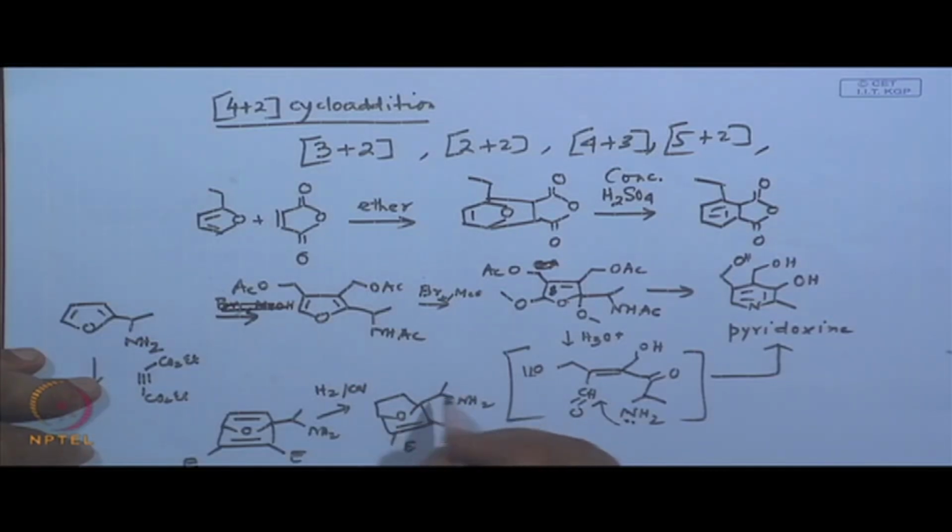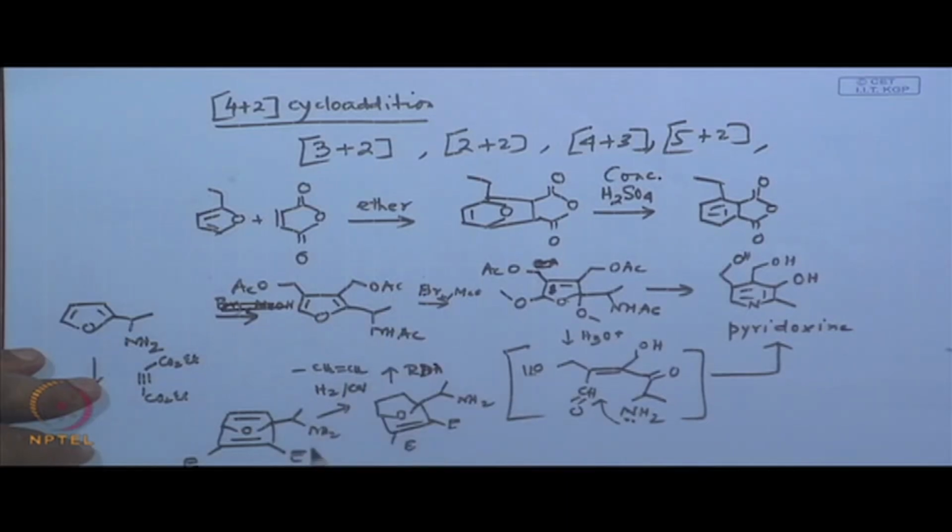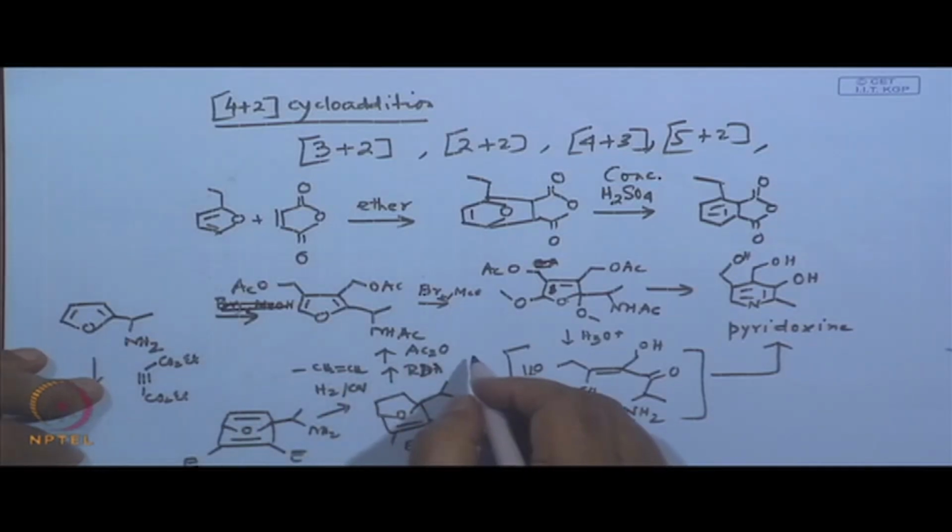Then of course you do a retro-Diels-Alder reaction that loses this ethylene, and then you do this acetylation. What is the standard protocol? Acetic anhydride and pyridine, but nowadays you use something else, right.